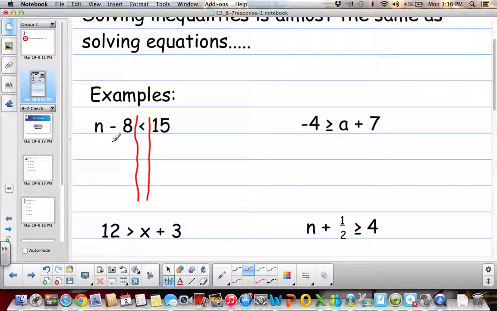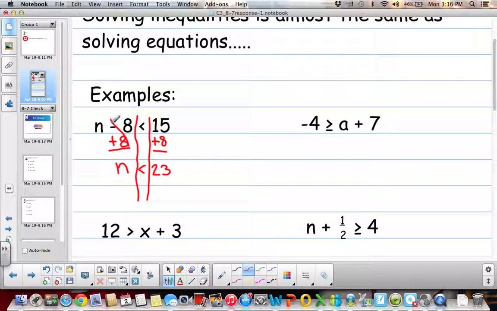Just like it's an equation, because we have minus 8, we are going to add 8 to both sides. So negative 8 plus 8 is 0, so we have n is less than 15 plus 8 is 23. So we know that any number less than 23 would make this inequality true.